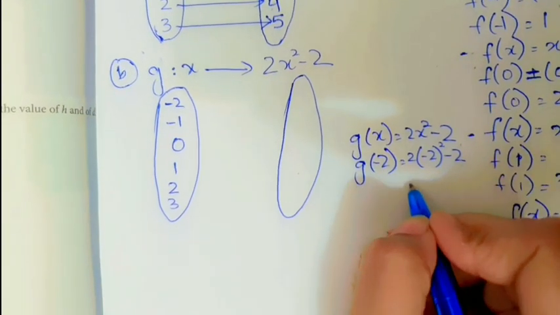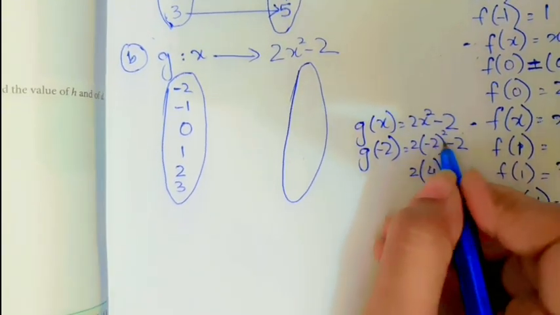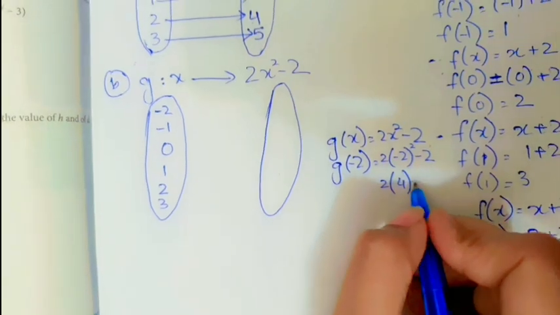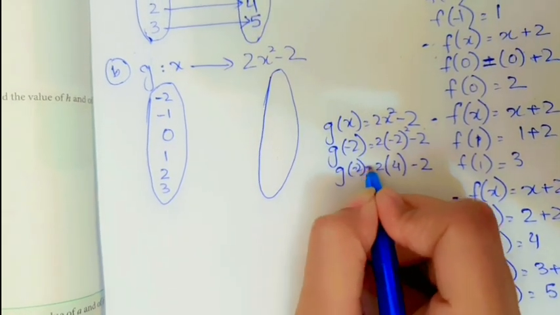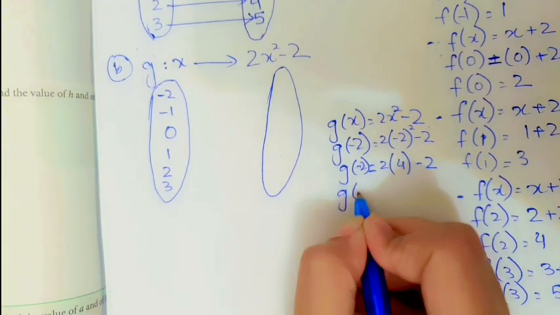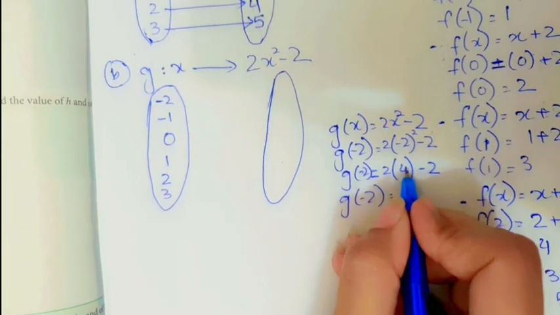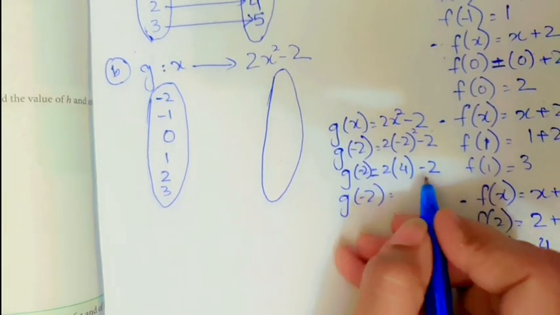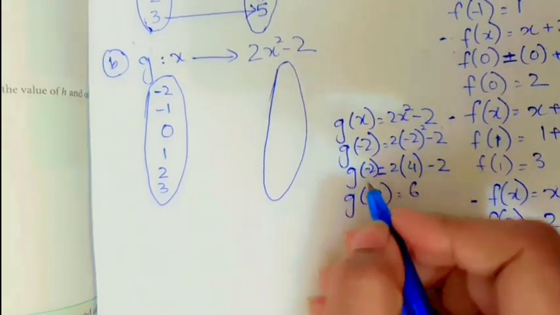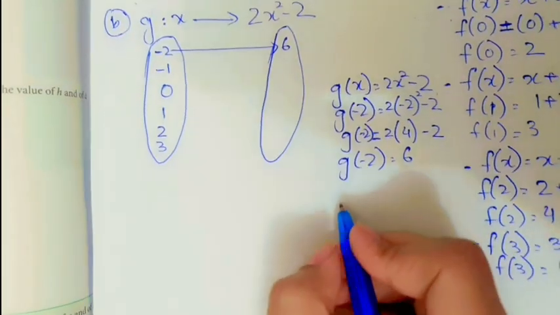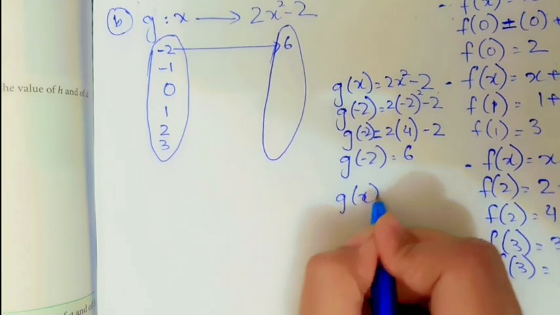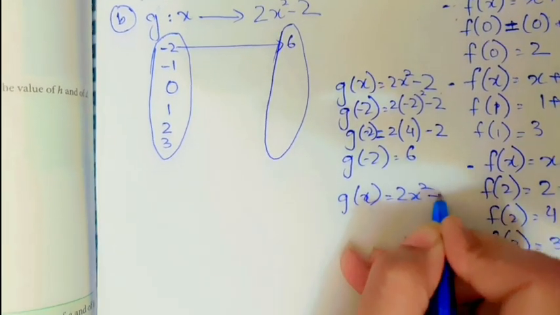If we find the square of -2, it would be +4, because the minus sign is multiplied twice, so it would be positive. And g(-2) = 2 times 4 is 8, minus 2 is 6. So my first image is 6. Now second, g(x) = 2x² - 2.